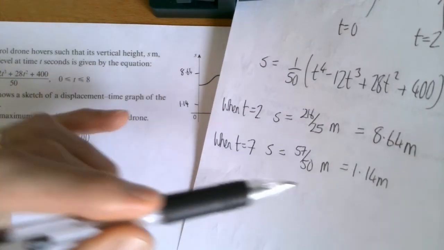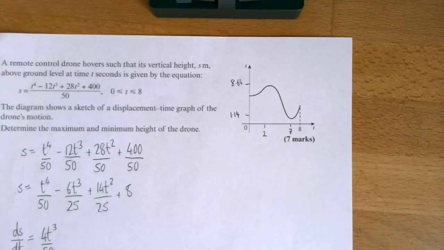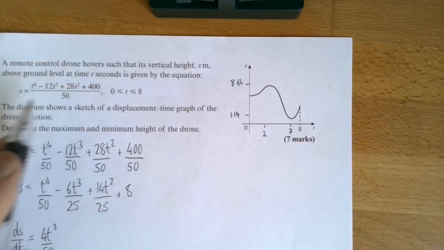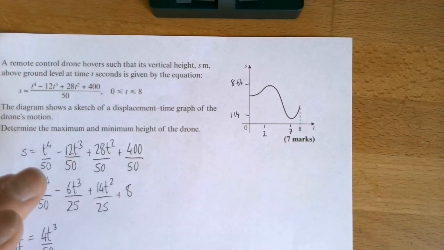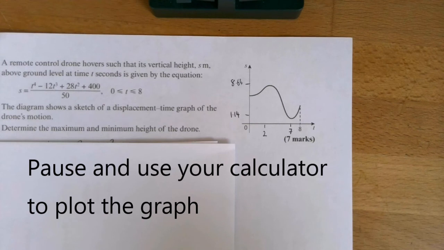So that's what I think I've worked out so far. So let's now type this function in. I can either do it like this or as 1 over 50 times that, and let's type that in.